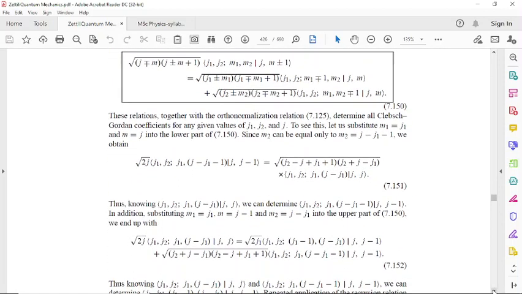And this relation we can use for finding all the Clebsch-Gordan coefficients.